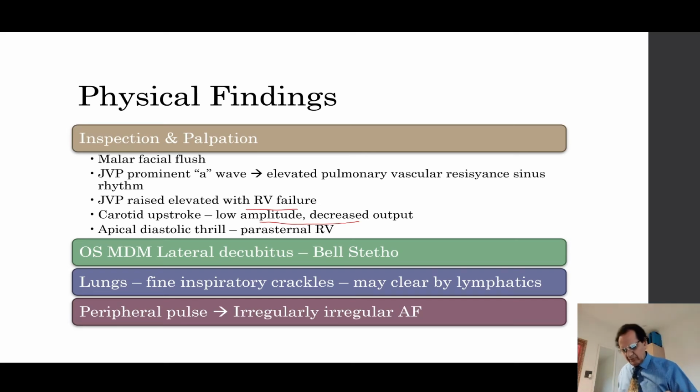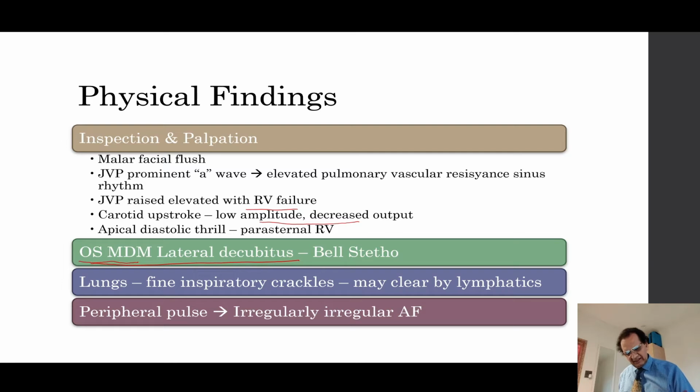Diastolic thrill may be palpable. First heart sound may be palpable at the apex. Opening snap ushering in the mid-diastolic murmur is the crux of mitral stenosis. We learned this right from the beginning of our medical studentship, and our teachers also teach the opening snap and the mid-diastolic murmur.